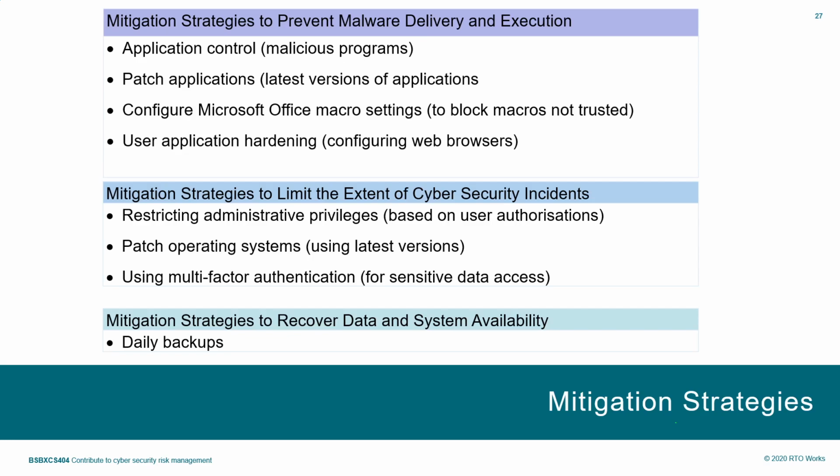Next one is limiting the extent of cyber security incidents. So we can restrict who's got administrative privileges to systems. So only those that absolutely need admin rights should get them. Keep our systems up to date, and always use multi-factor authentication for those users.